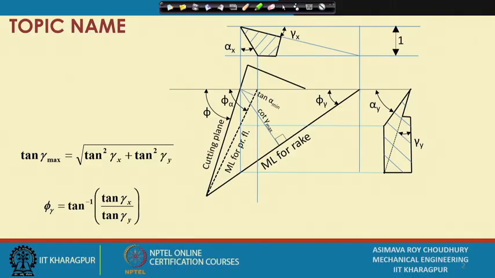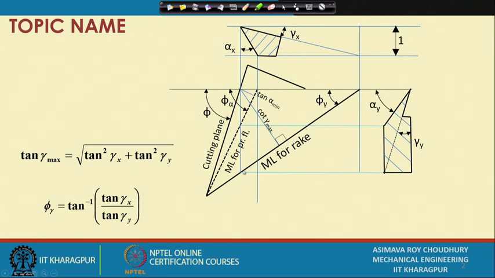To start with, in this figure I have drawn the traces of the intersection of the rake surface with the base plane.